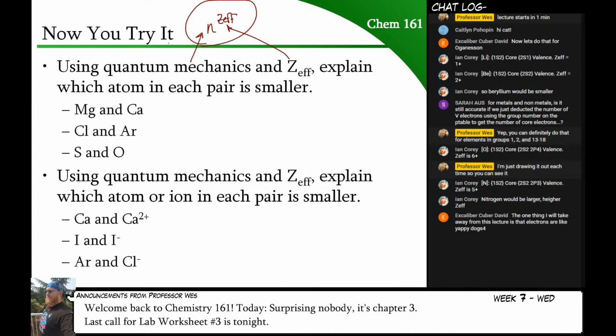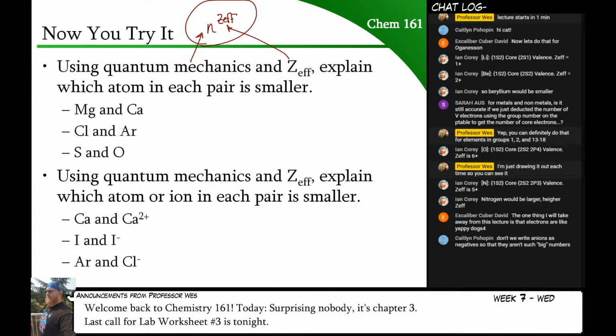I want to use those two things to tell me which atom in each pair is the smaller atom, and which ion in each pair is the smaller entity. Also, which electron is... Sorry, I was trying to read the statement that was on here.